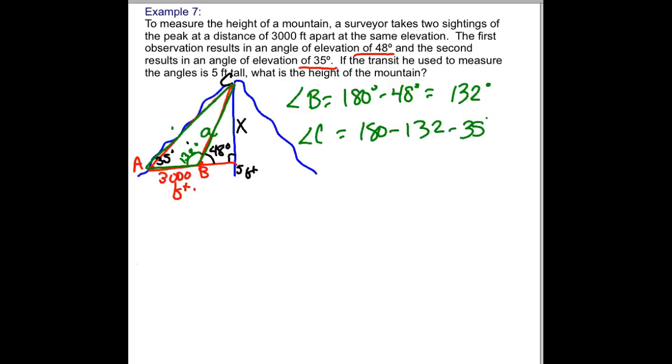It has to be 180 minus the 48. So angle B is going to be 180 minus the 48, so this angle is 132. Can we now find the little angle C at the top? What do we get?